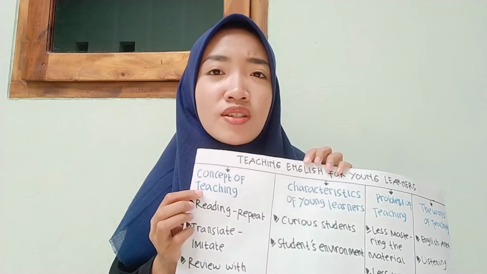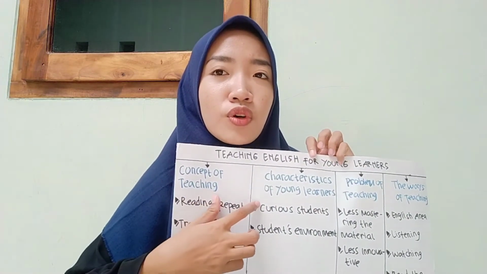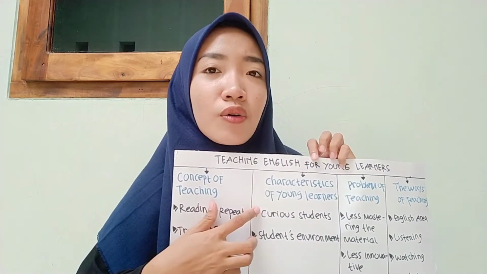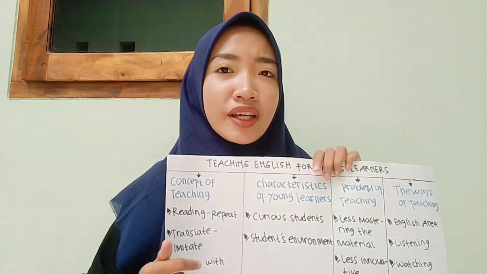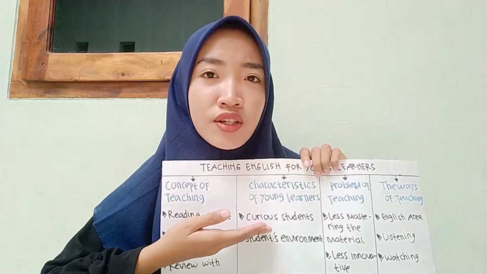After we talk about the concept of teaching, let's move to the characteristics of young learners. Of course, every young learner has different characteristics, but what are the most common characteristics of young learners? Let's talk about that in this point. Okay, number 1 is curious students. Let's remember when we were children, we were so curious about everything.